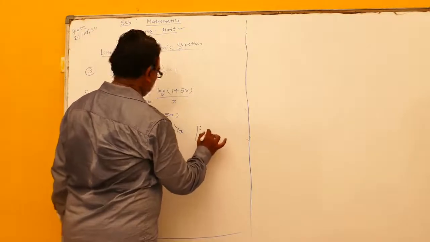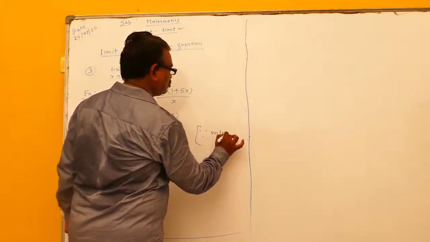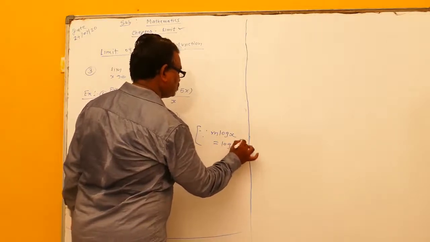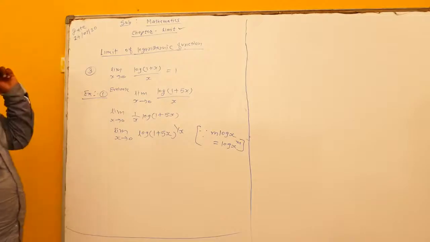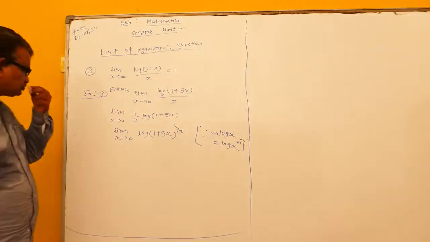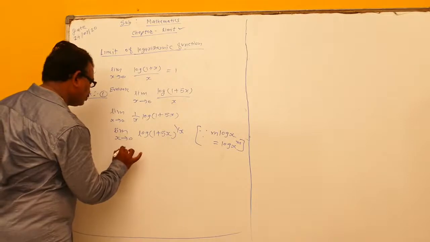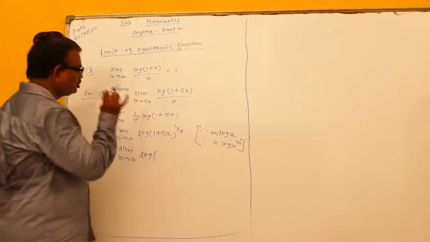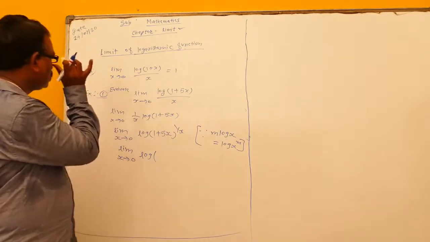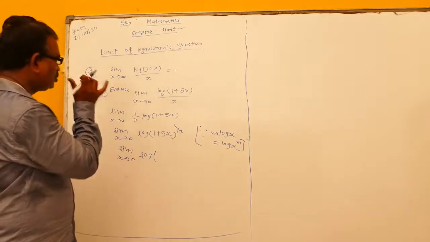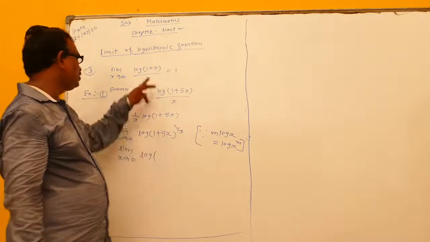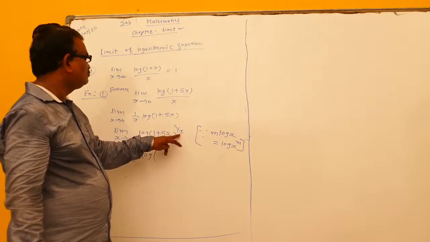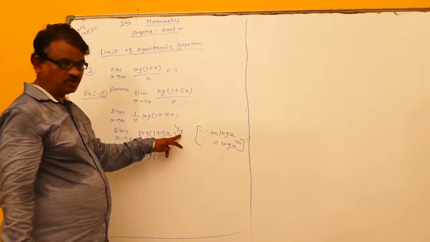Since m log of x is equal to log of x to the power m, this formula is applied here. Now limit of x tends to 0, log of 1 plus x is equal to 1. Here the coefficient of x must be 5.